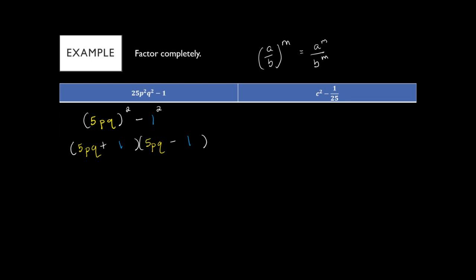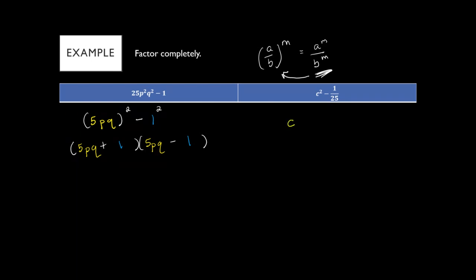That's what we're going to be doing here with the 1 over 25, because 1 over 25 can be written as 1 squared over 5 squared, which then is in this form right here, which means we can rewrite it as 1 over 5 squared.